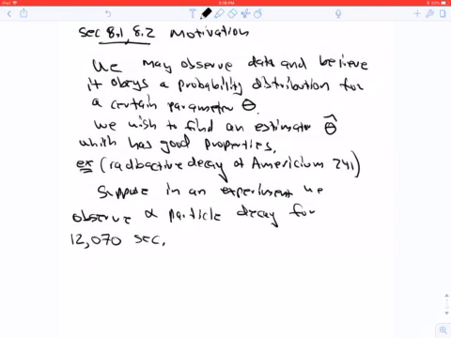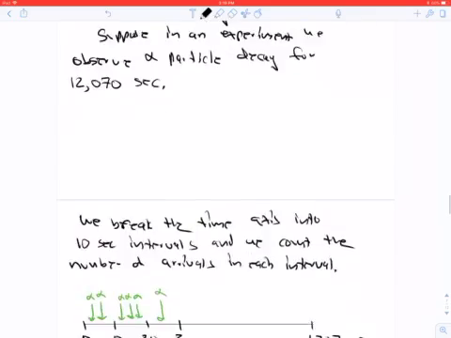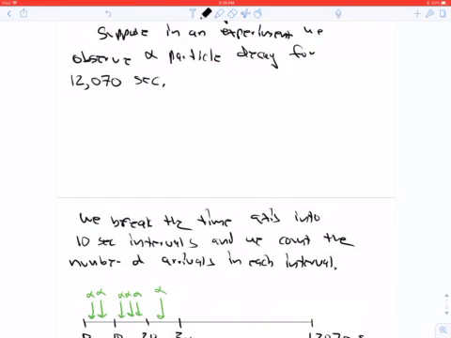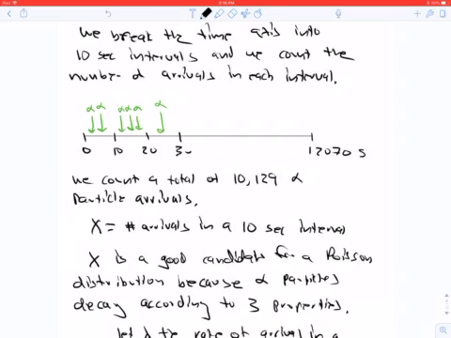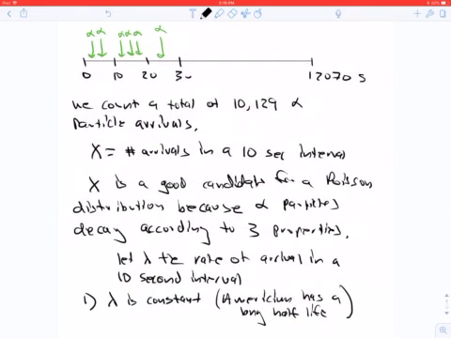So in this example, we have radioactive decay of americium-241, and this particle is decaying for 12,070 seconds. We break the time axis into 10-second intervals, and we count a total of 10,129 alpha particles.